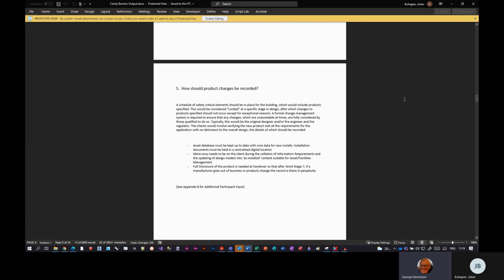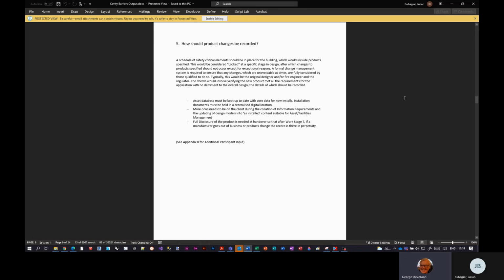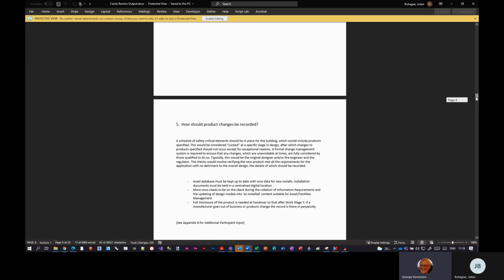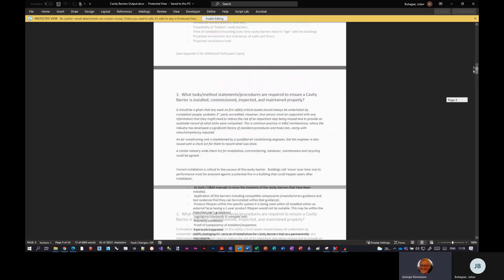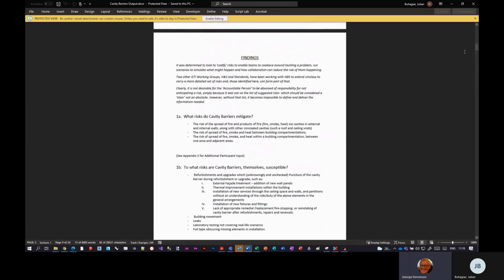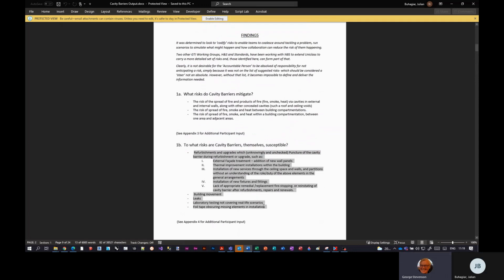So this becomes a living data set that we're going to hopefully get experts to continuously keep up to date and record where things potentially go wrong.